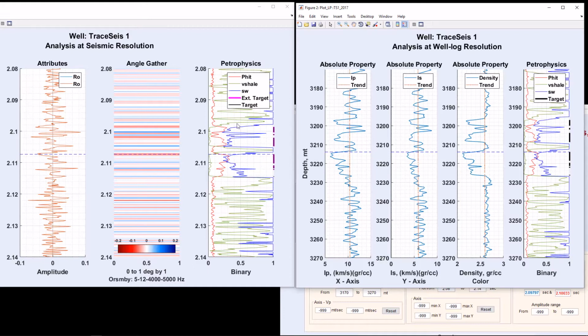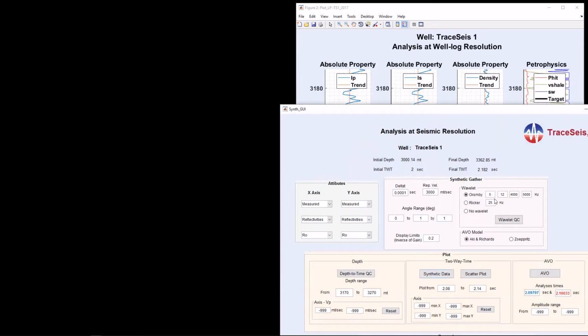Let's now do the same using a frequency of 1000 to 2000 Hz.